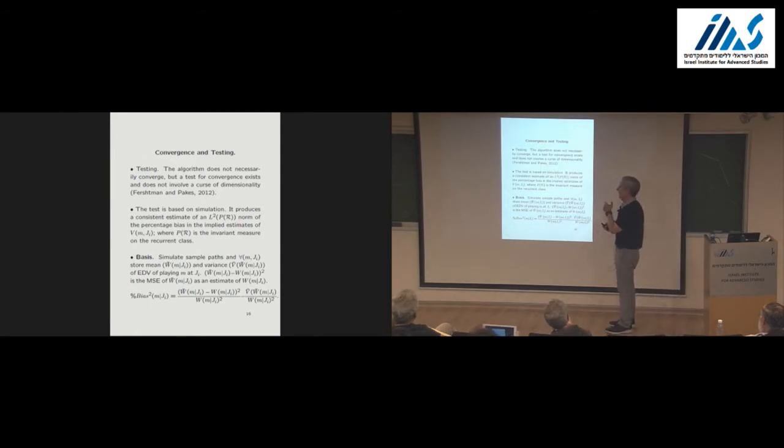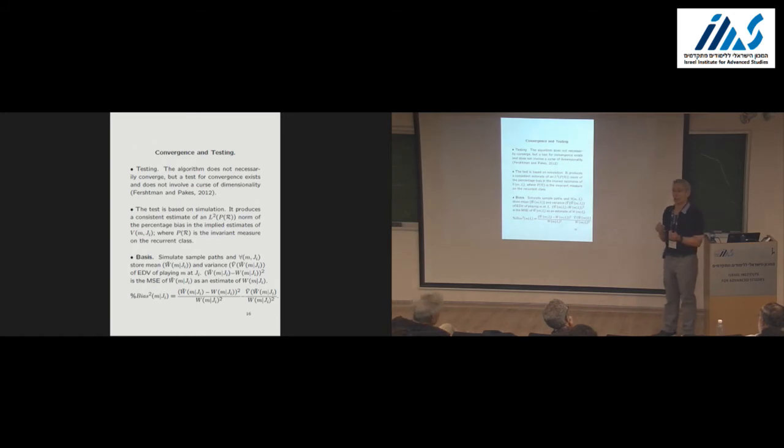Let me just tell you, the original tests on dynamic games were actually pretty complicated. In the original article in Econometrica by Paul McGuire and myself, it was the test that was the problem. The reason is you did converge to a recurrent class, but to test whether you satisfied the fixed point, I had to integrate out over everybody else.